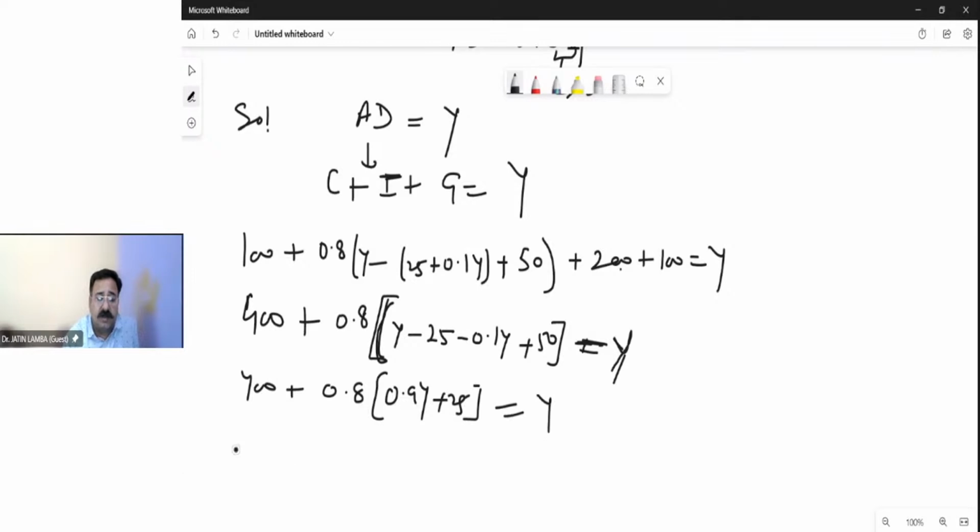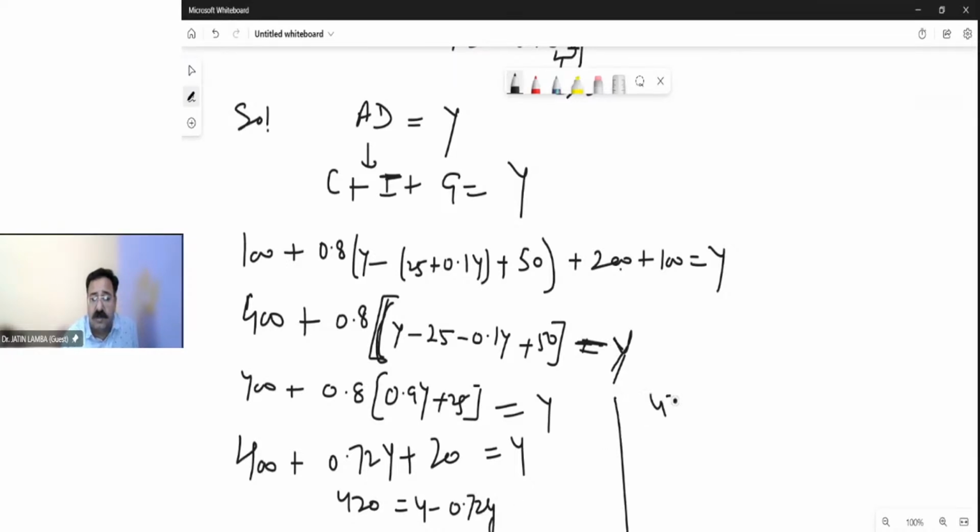Open the bracket. 400 plus 0.72y plus 0.8 into 25, that is 20. 420 plus 0.72y is equal to y.